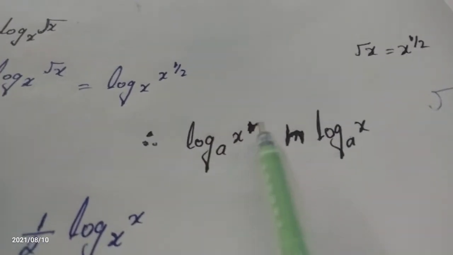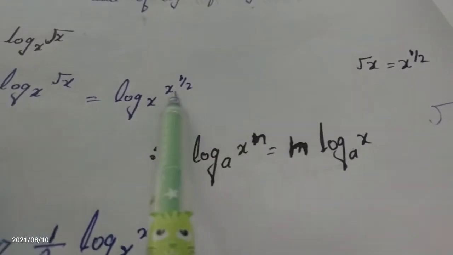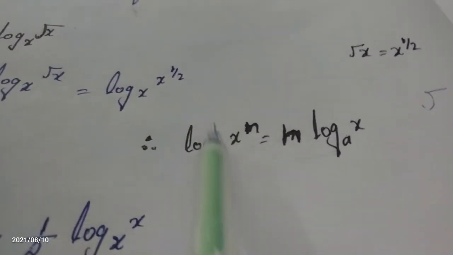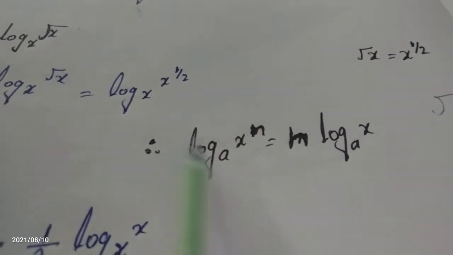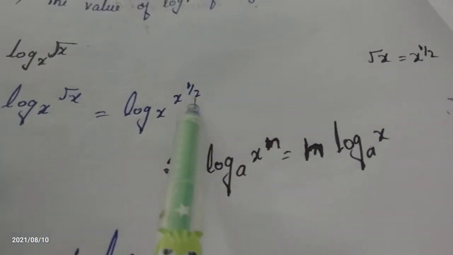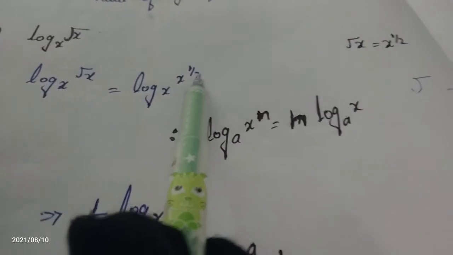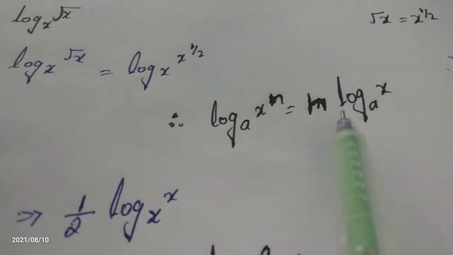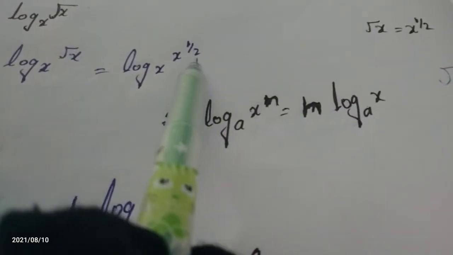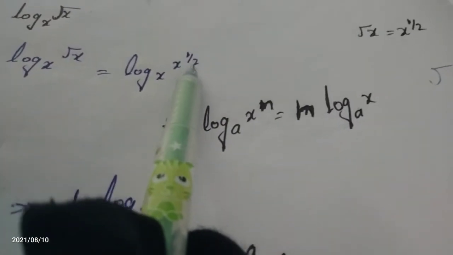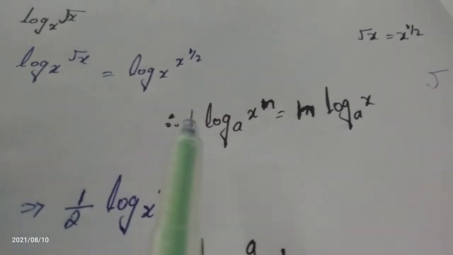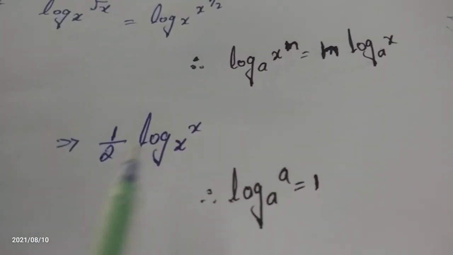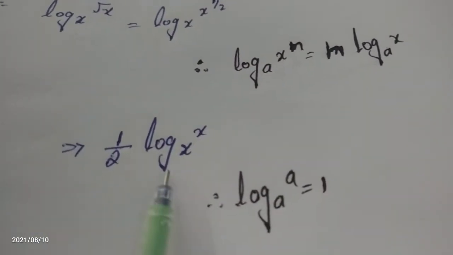In place of n we have 1 by 2, in place of x we have x only, and in place of a we have x only. Whatever n is, 1 by 2, we write it before the log. Means 1 by 2 log x to the base x.